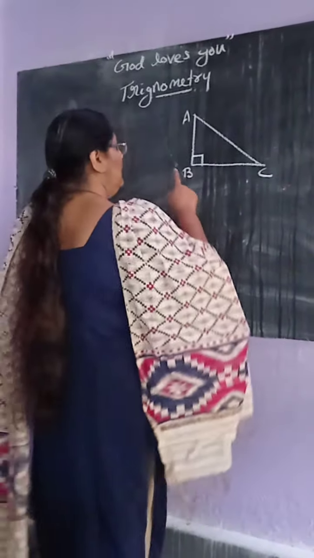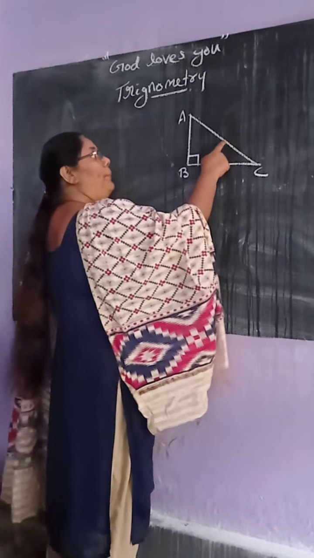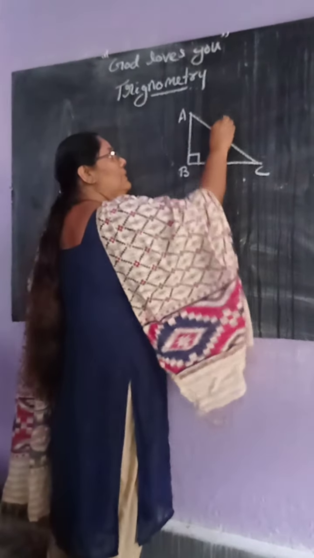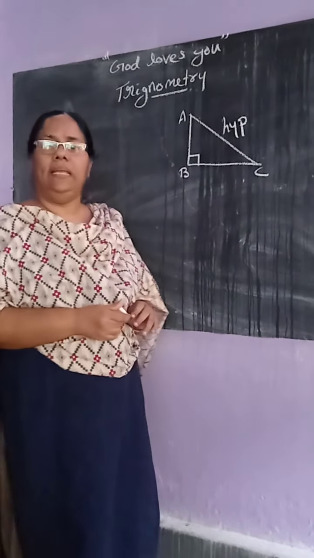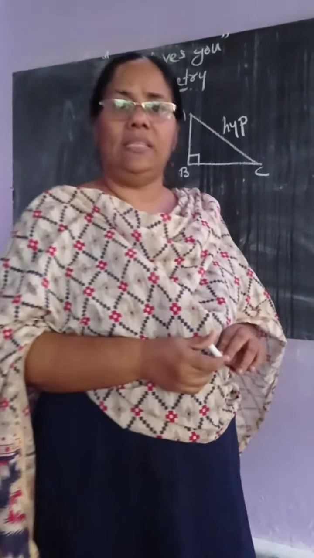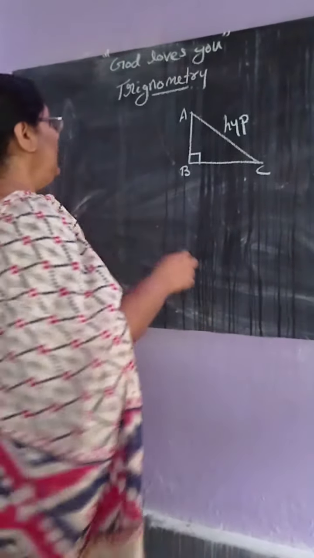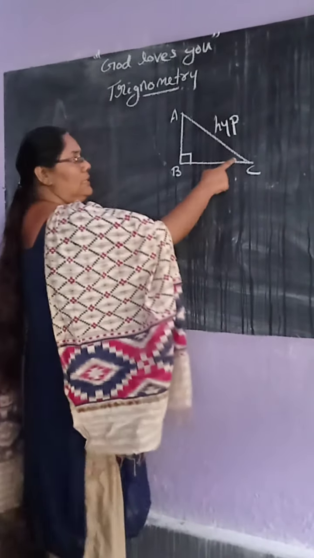And here the side opposite the 90 degree angle is known as the hypotenuse. And there are two more angles.